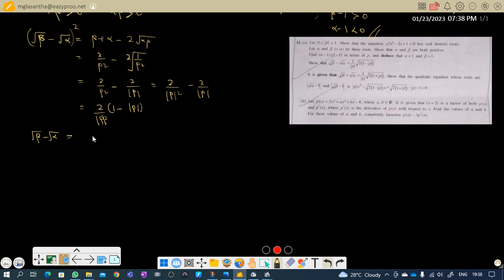you have to take the square root, then 2 over mod p times square root of 1 minus mod p. Like this. So 1 over mod p times square root of 2 into 1 minus mod p, like that. This is root beta minus root alpha.